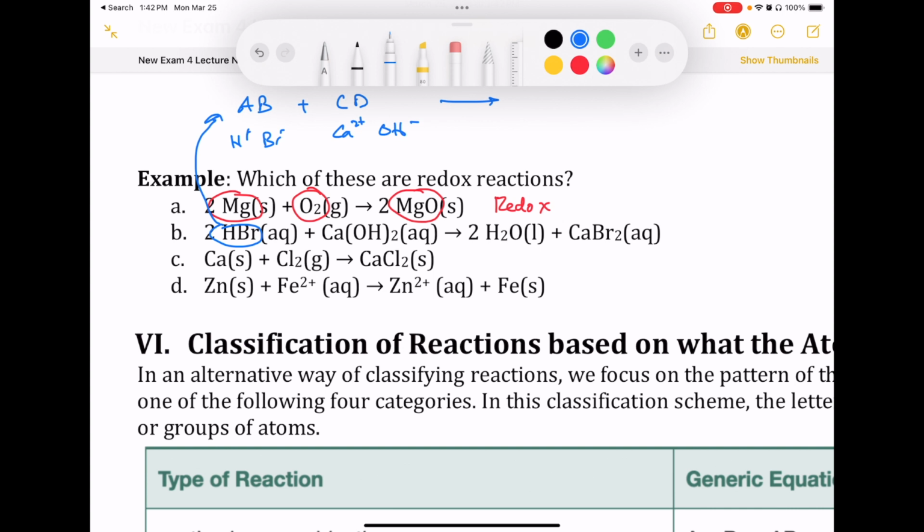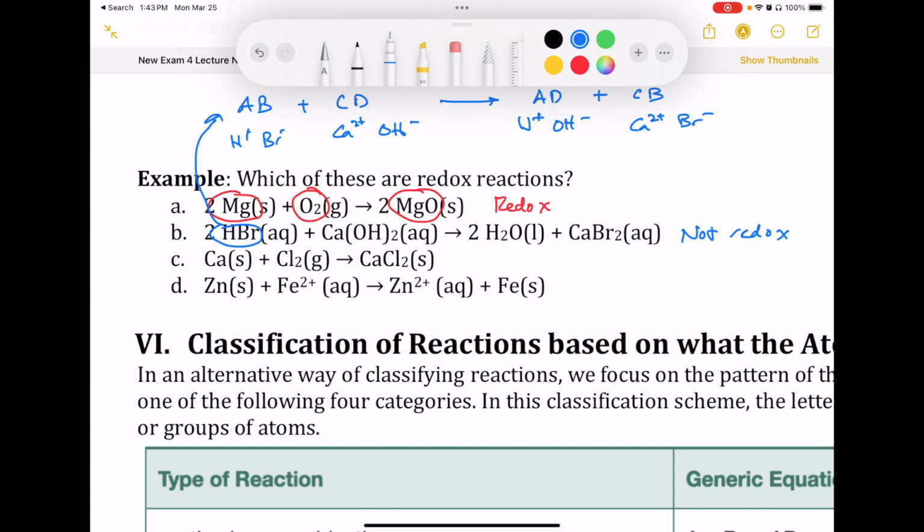Now that's kind of unique. People sometimes don't realize, but of course H2O could be broken into H plus and OH minus. So that one is AD, and the last one is CB, which is our Ca and Br minus. So you can see that this one actually fits that double displacement pattern, and so this one is not redox.